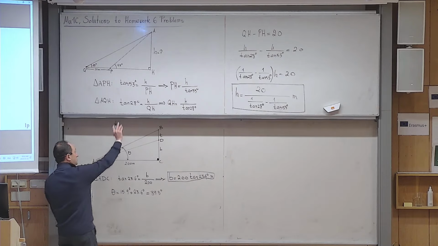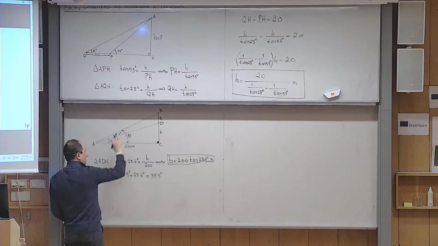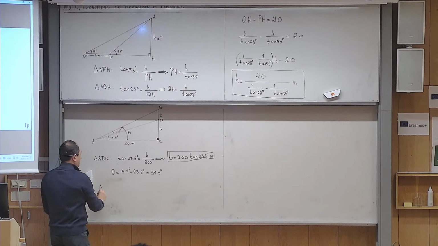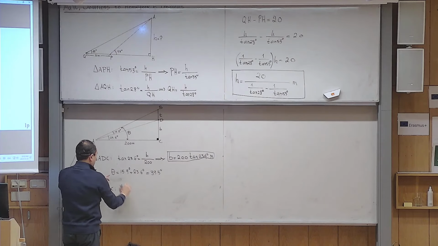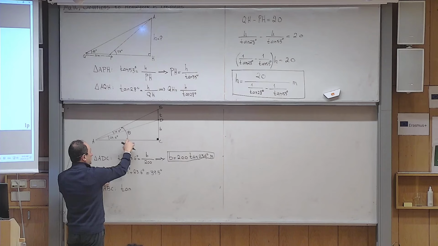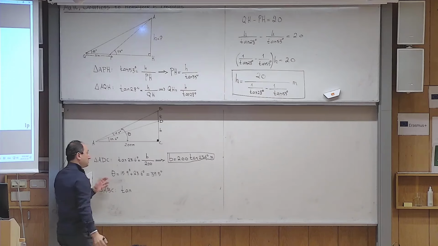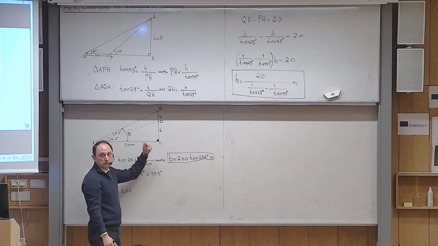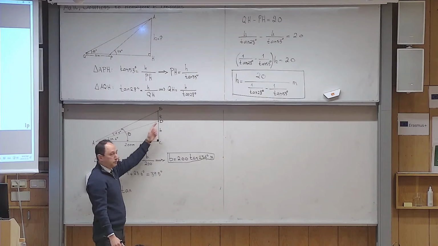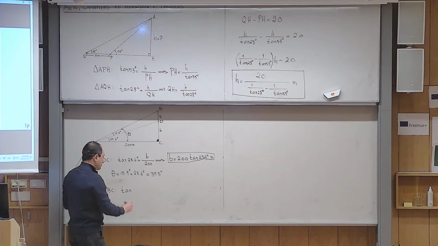And in the bigger triangle, meaning the triangle ABC, I can write tangent of theta, this bigger one, is the opposite side. But what is the opposite side? Can you give it a good name? B plus T. Yes, that's correct.